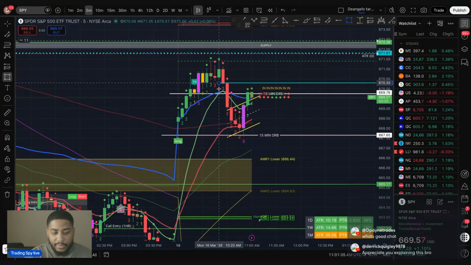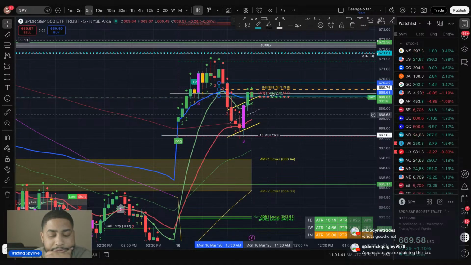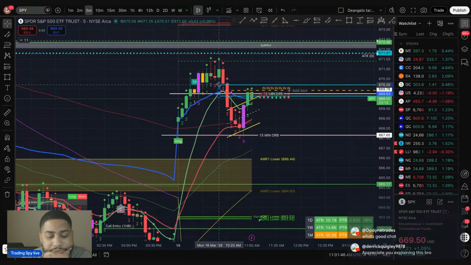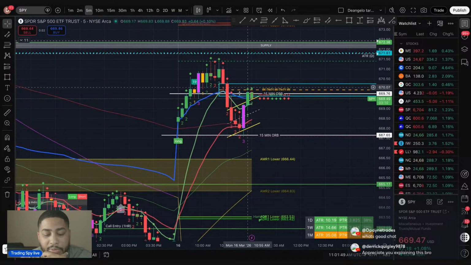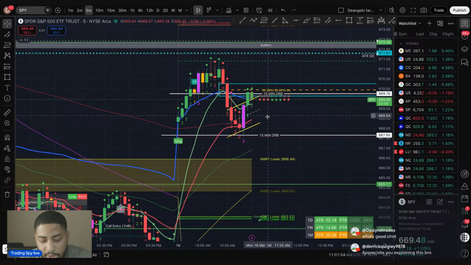But the problem is, that's a 5 minute gap close. This is a 5 minute gap right here. Okay, we got sellers trying to step up.